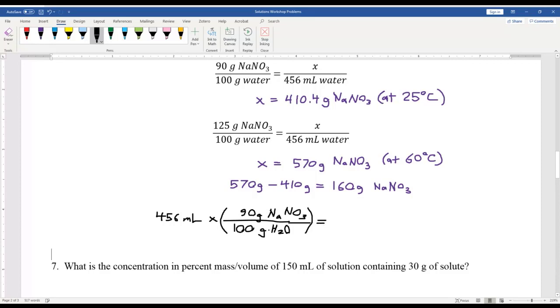And I would get the same answer. I just multiply the top divided by the bottom, and that gives me 410.4 once again. So that's another way to do it.